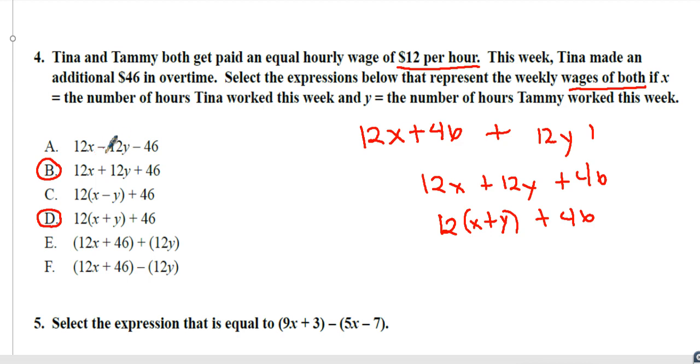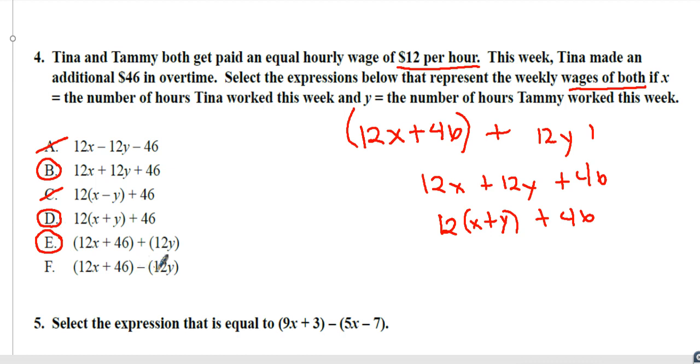answer. A is not appropriate because you're subtracting Tammy's salary. That's not accurate. C is not appropriate because, again, you're subtracting the salaries. You just want the total number of hours. E, I could technically do this because that is the scenario here. Here's Tina's salary plus Tammy's salary. So this one could work.